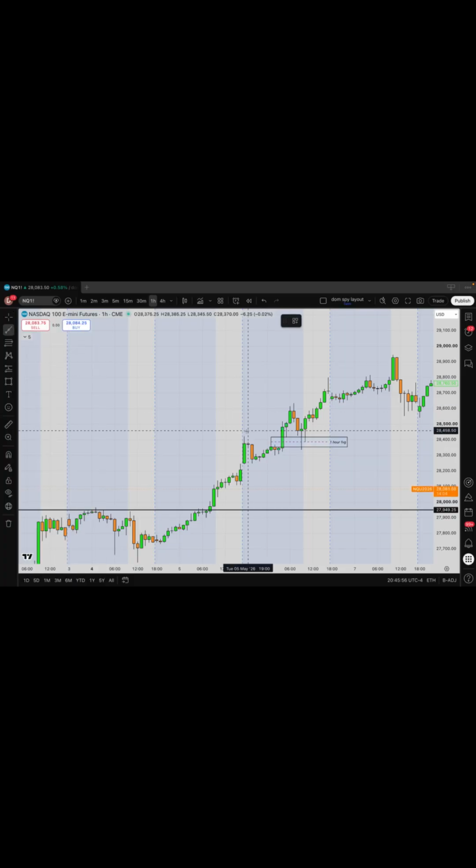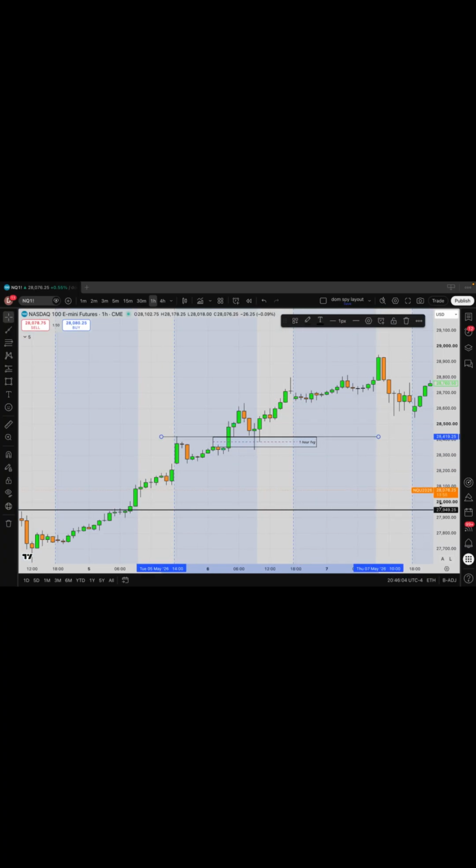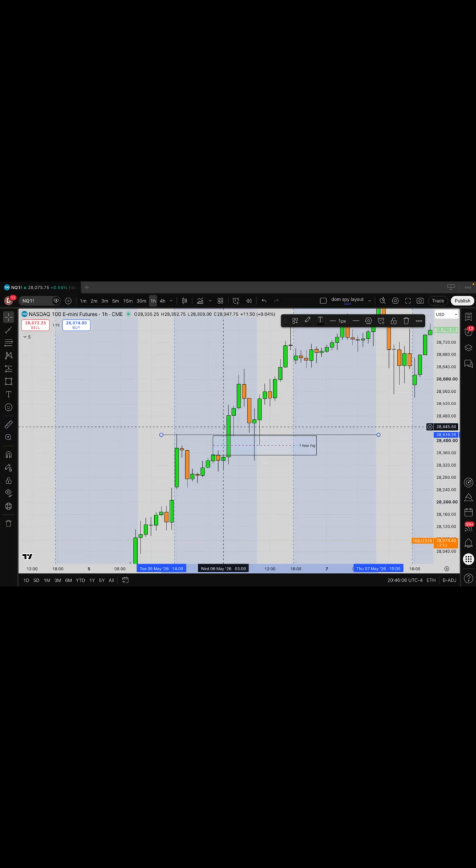So this was the structure right here, and price broke through, causing a FVG, making this fair value gap a very reliable fair value gap because we are also breaking structure and continuing trend.